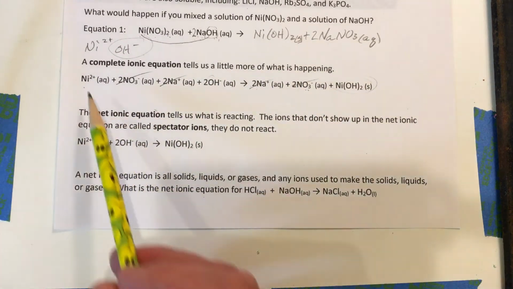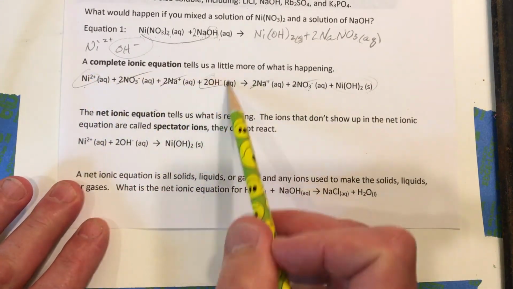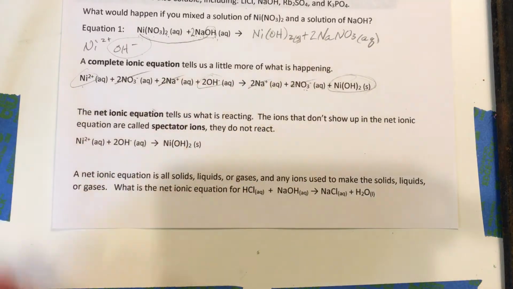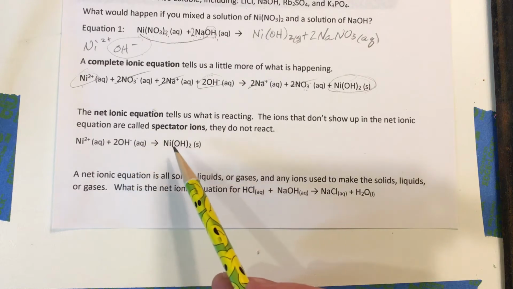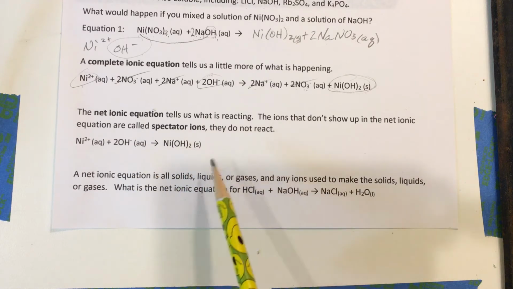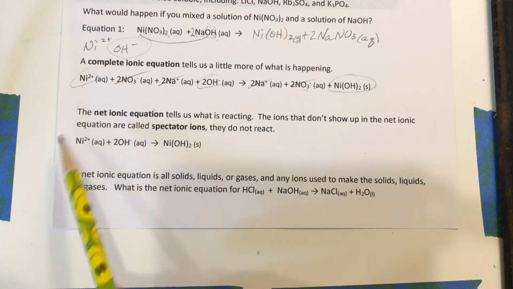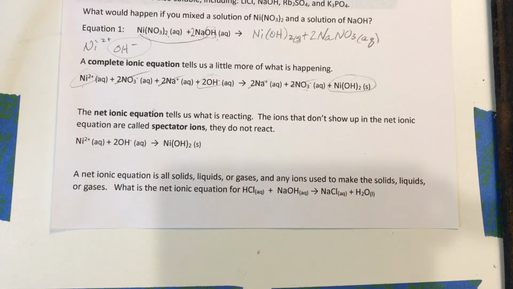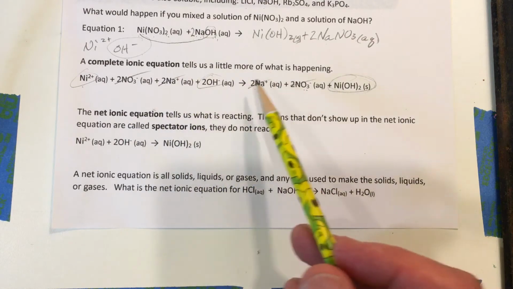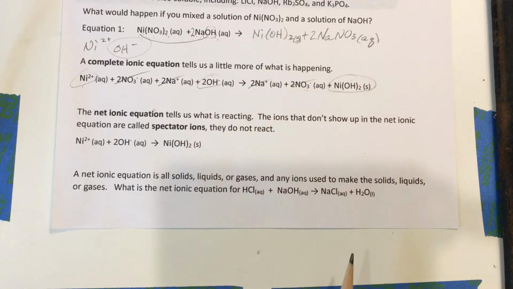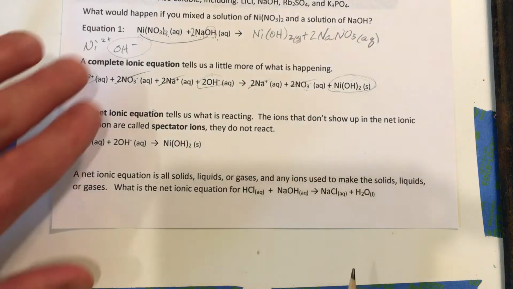And what we're left with is the net ionic equation. The net ionic equation being nickel 2 plus 2OH minus makes Ni(OH)2. So this is the net ionic equation showing only the ions that come together to form a solid in this case. The ions that I crossed off up here are called spectator ions because they don't react. They're there at the beginning and they're there at the end.